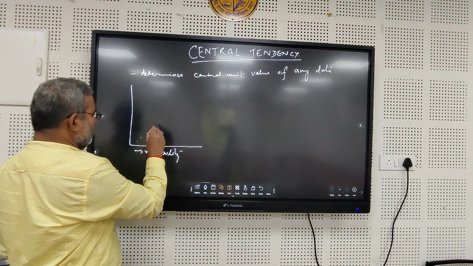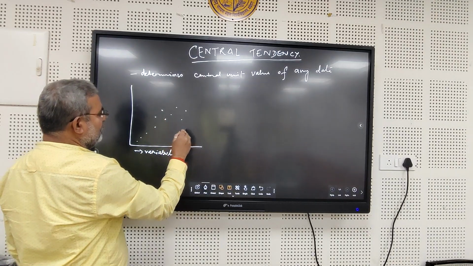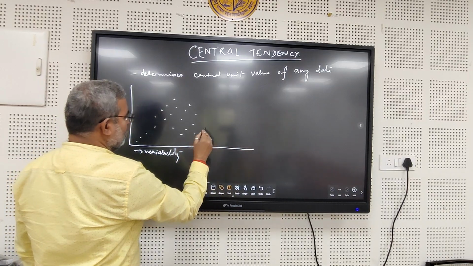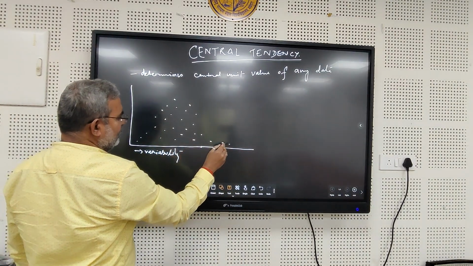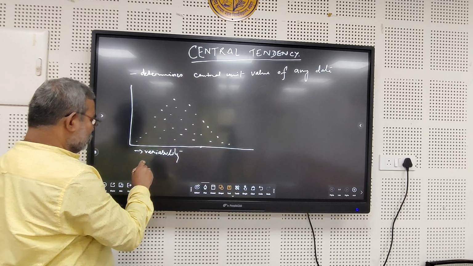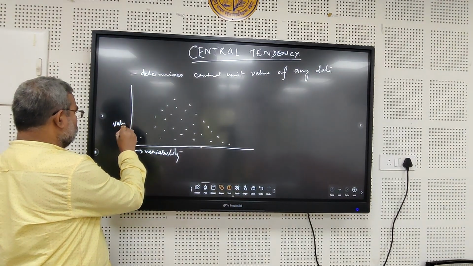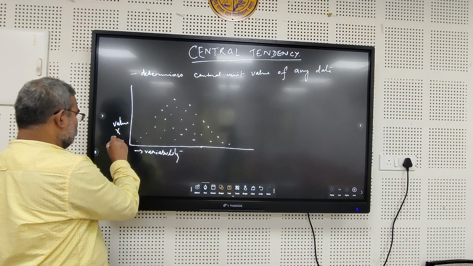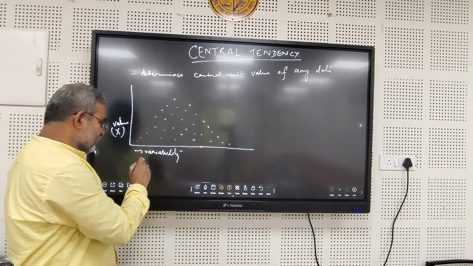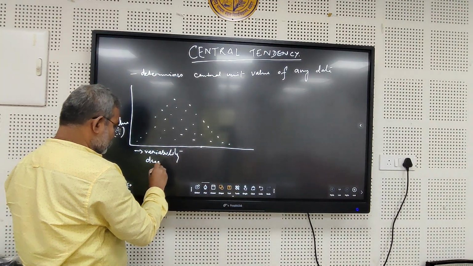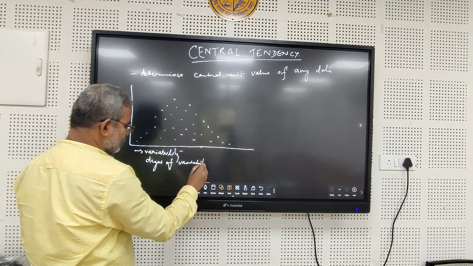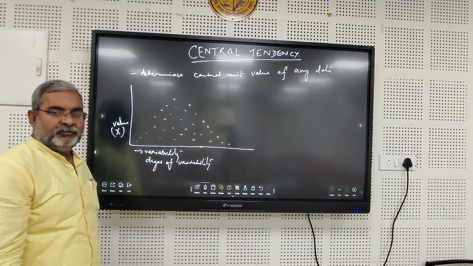If you plot it by dot lines or by the unit values, suppose this is the dispersion, the values of variable x are dispersed here, and that is the degree of variability.